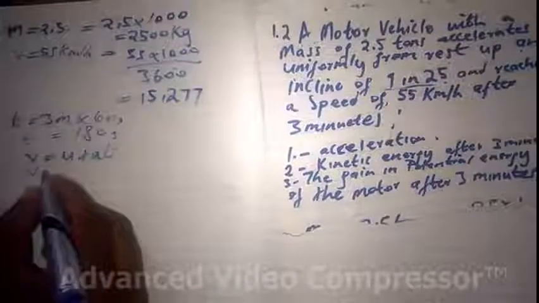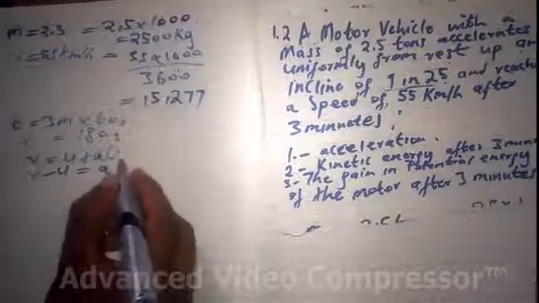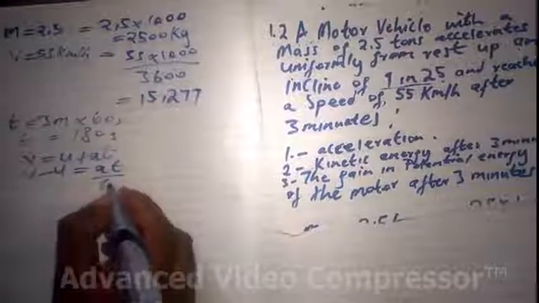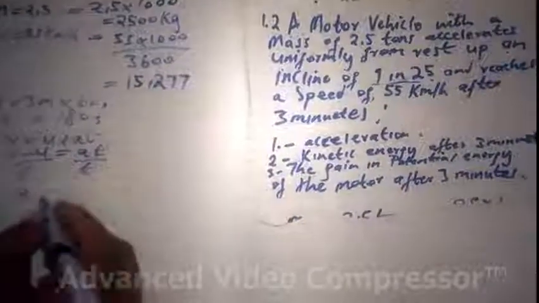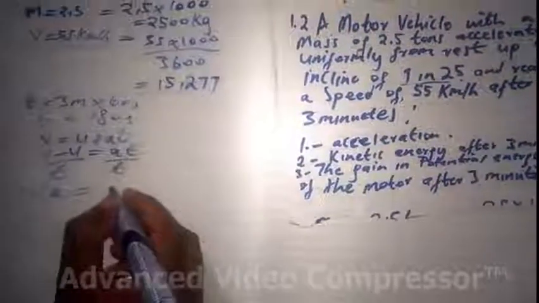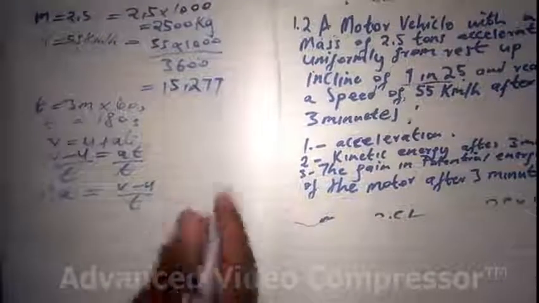We transpose: v minus u is equal to at. We get rid of t since we are looking for acceleration. Therefore, acceleration is equal to v minus u over t.